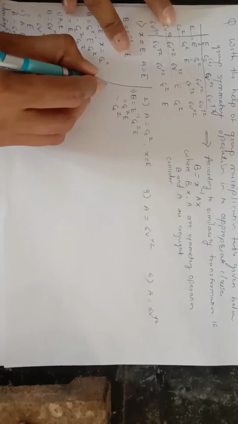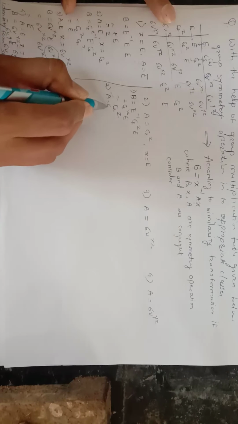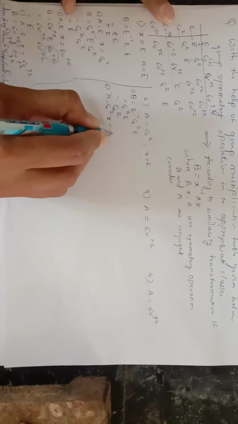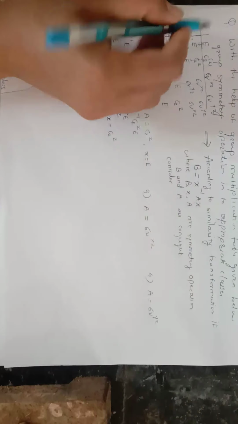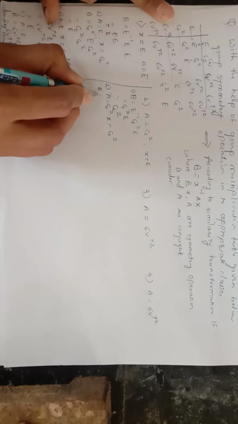Again C2Z into E, we get C2Z. In the second, A is equal to C2Z, and you have to change the value of X to C2Z. First E, second C2Z. Then you just put the values.